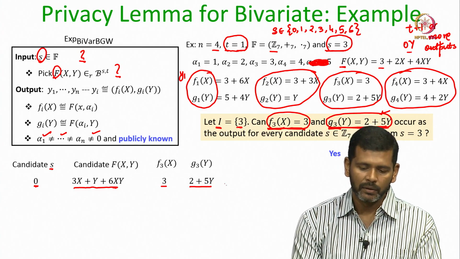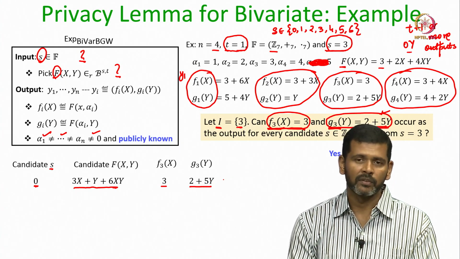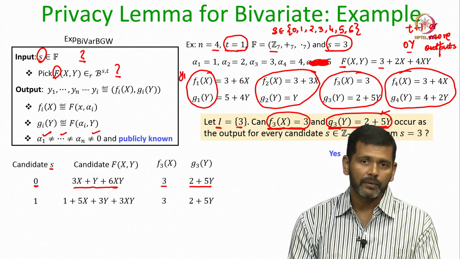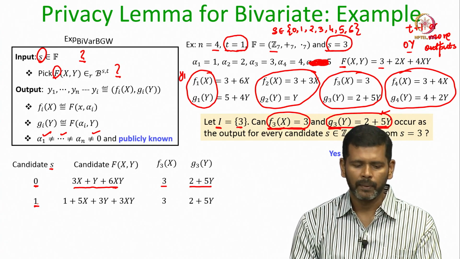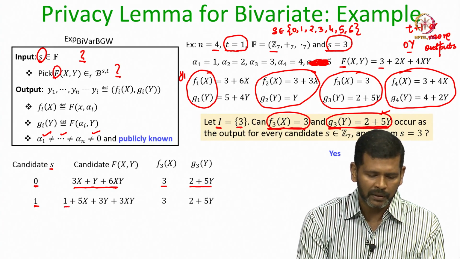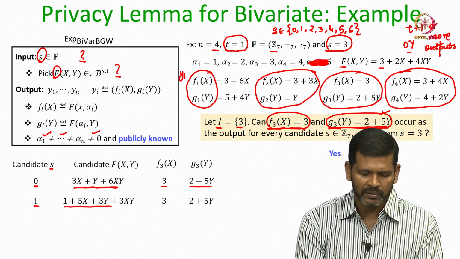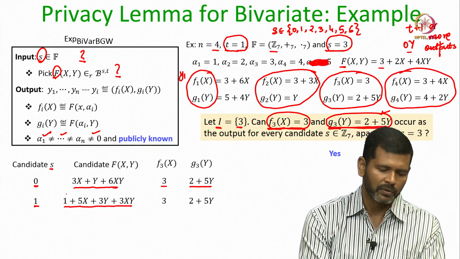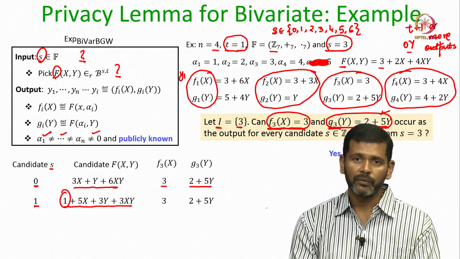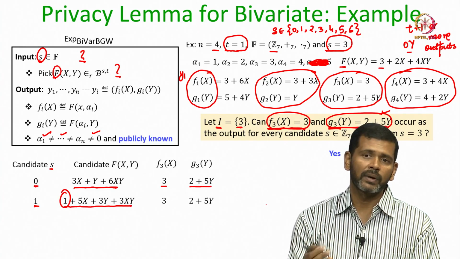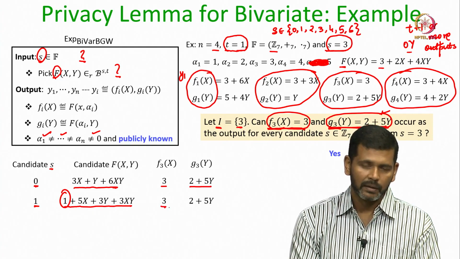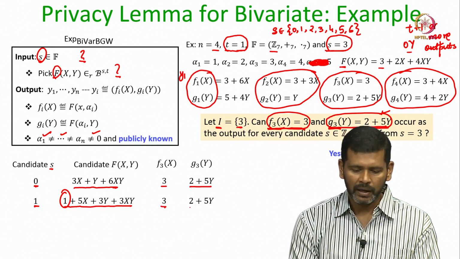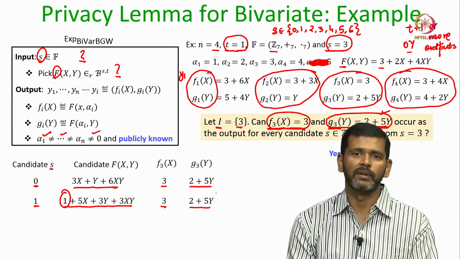So, you can't rule out this possibility. Or it could be the case that I have run the experiment with input 1 and I have chosen the polynomial 1 plus 5x plus 3y plus 3xy, whose constant term is 1, in which case the third row and the third column polynomials which you would have seen would be the polynomials 3 and 2 plus 5y respectively.